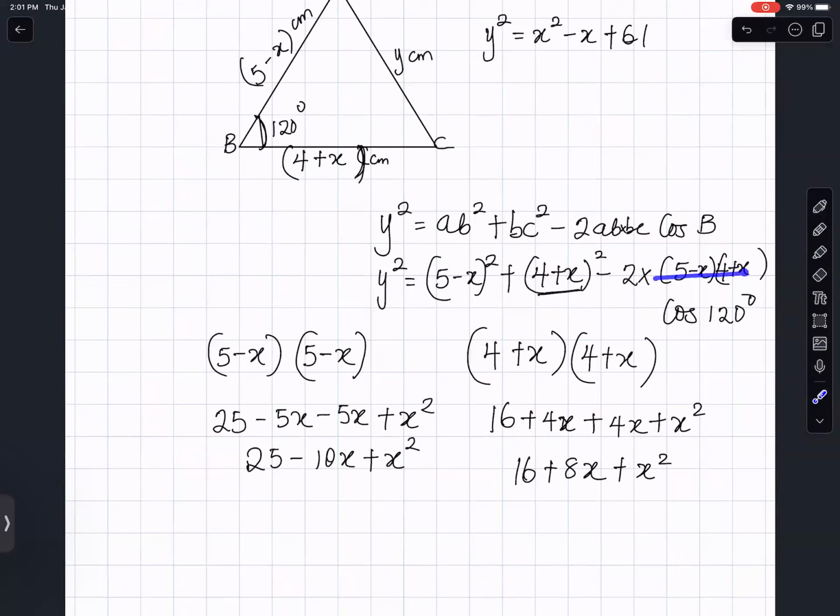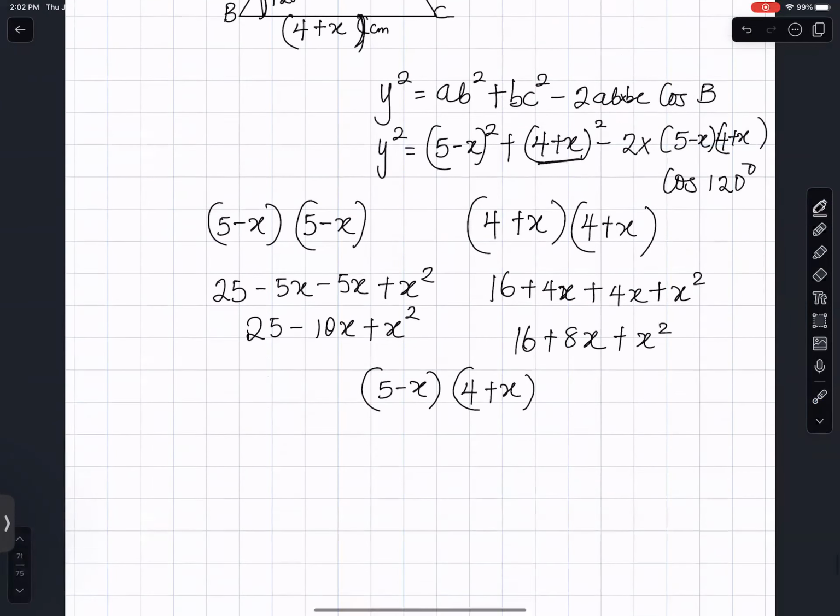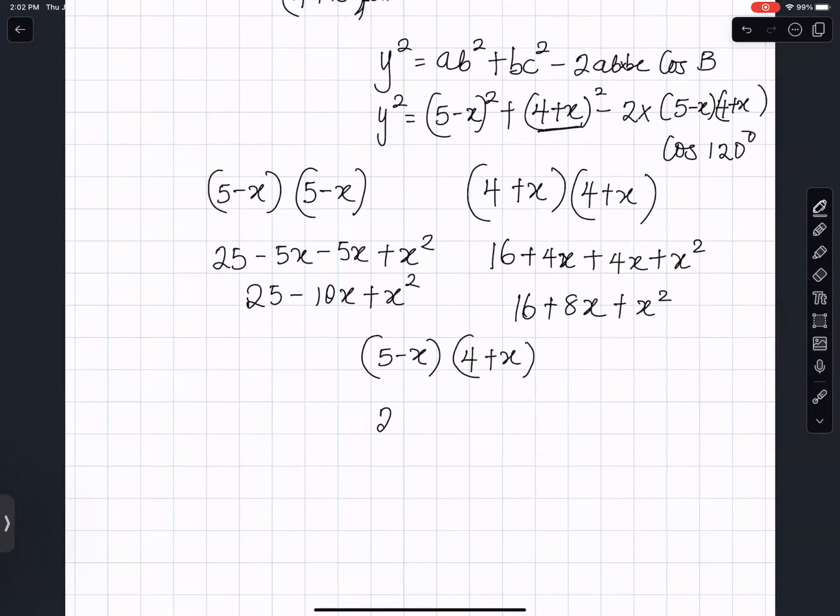So we'll go to the third one here. We also have to expand this before we multiply by 2. So I'm going to expand 5 minus x and also 4 plus x. In expanding 5 minus x and 4 plus x, I have 20 plus 5x minus 4x minus x squared. So that gives us 20 plus x minus x squared.